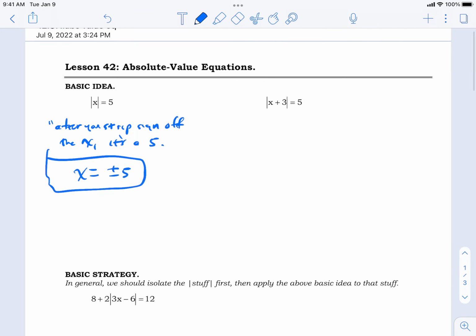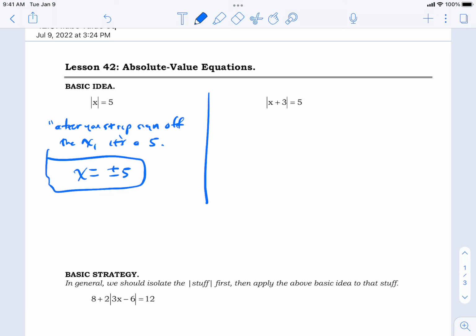Because if you take a 5 and you strip the sign off, it's a 5. And if you take a negative 5 and you strip the sign off, it's a 5. Oh, really? So before I strip the sign off, it might have been plus, it might have been minus. I don't know. And so you end up with 2 solutions. And we're generally going to have 2 solutions to these things.